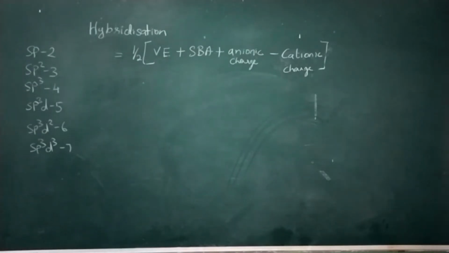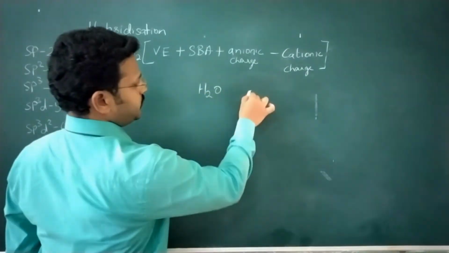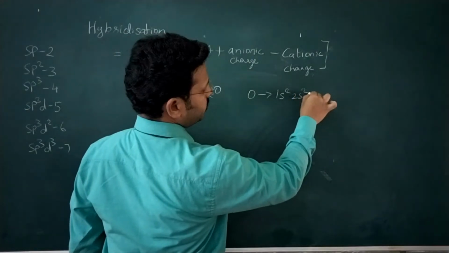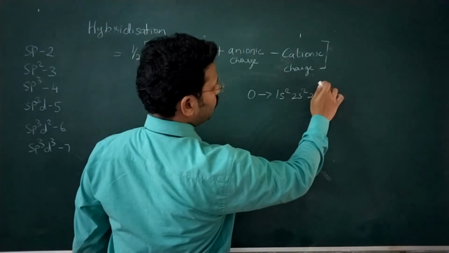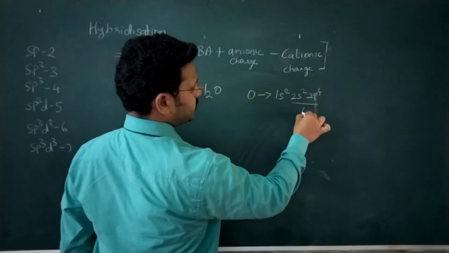Now we will check the hybridization of the water molecule, H2O. For oxygen, the electronic configuration is 1s2, 2s2 and 2p4, so the number of valence electrons in oxygen is 6.